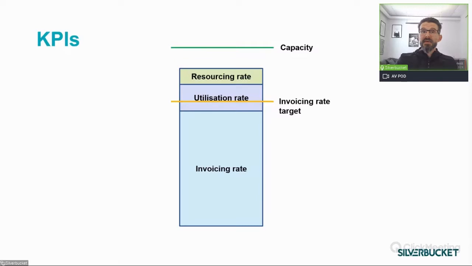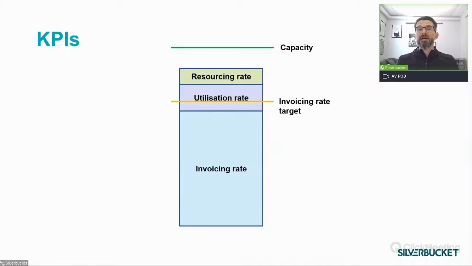And here we have the third area in the graph. The planned absences are shown as a green area. That's our third KPI to be followed, the resourcing rate, which is the sum of invoiceable allocations, non-invoiceable allocations, and planned absences. We have stacked all these three basic types of work into the same graph.